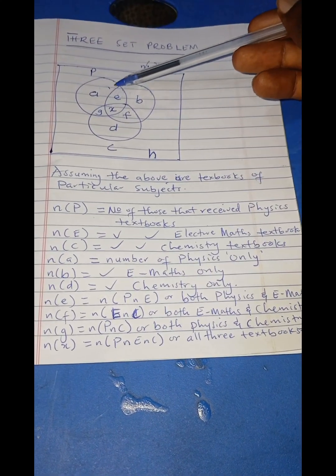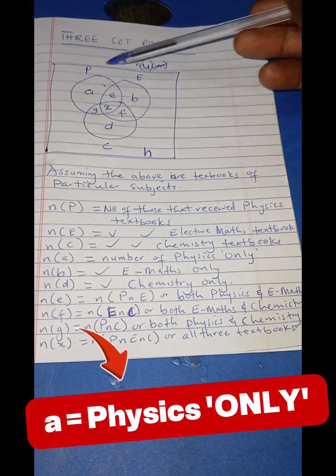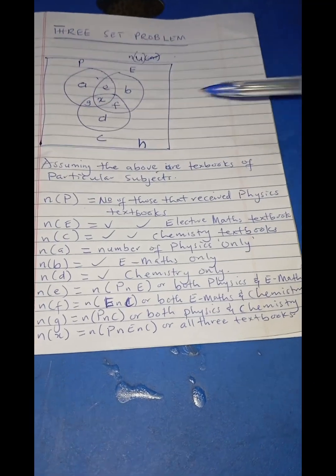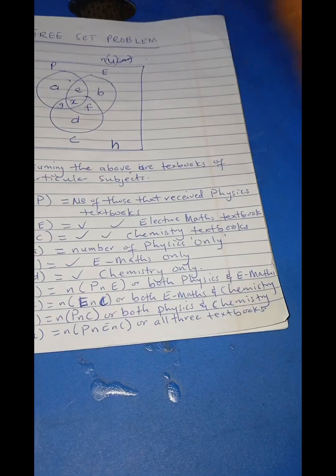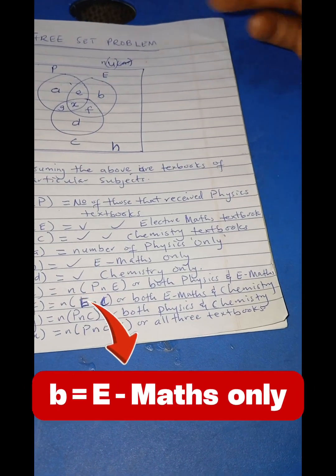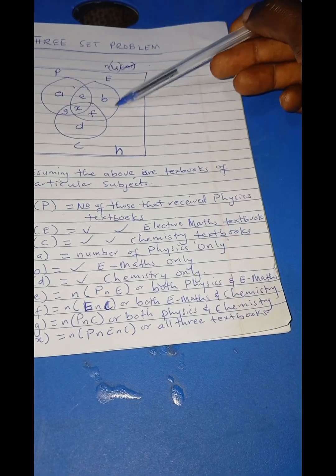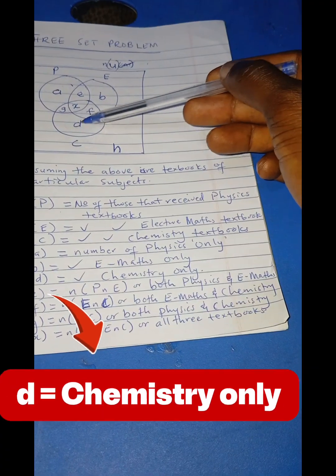This huge part is what we term physics only, the number of students that received physics only. The only signifies that these people received just physics and nothing else. Elective maths only, just elective maths and nothing else. Then chemistry only is also the down part.